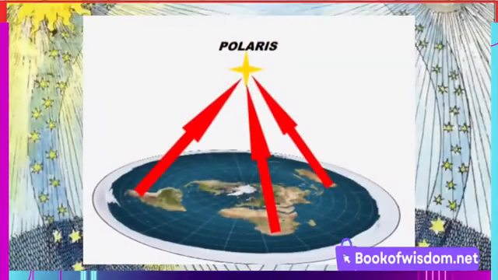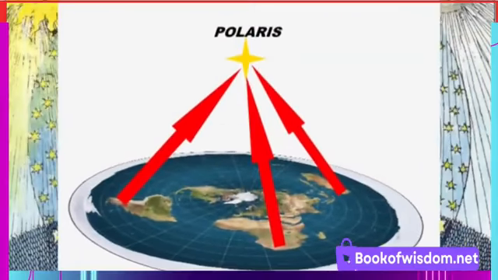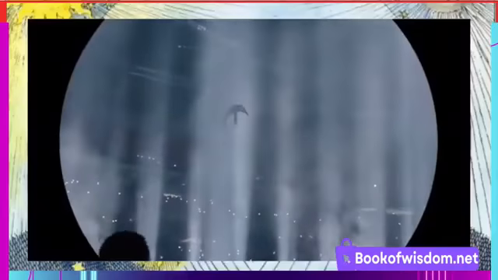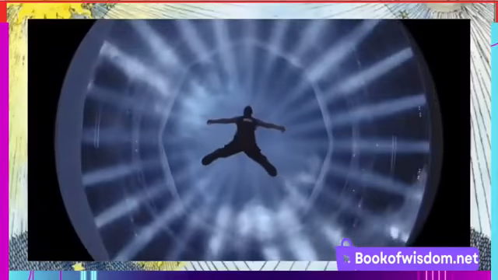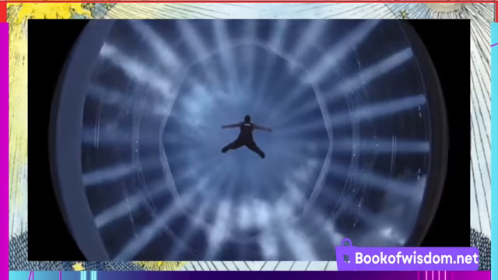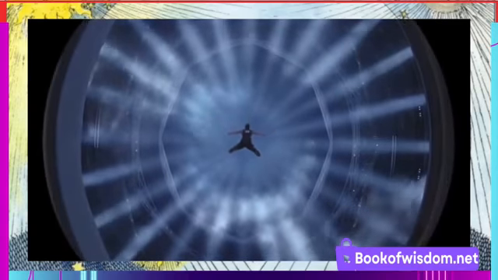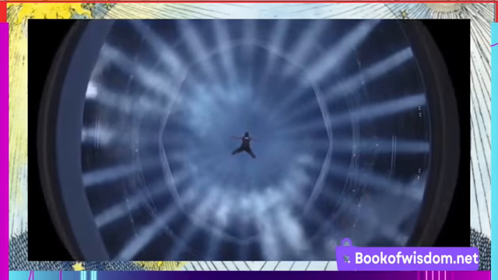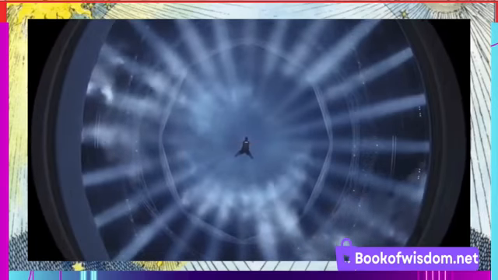Going back to Polaris and its connection to ascension, Kanye West symbolizes this in his music video 24. As you see him rise up into the sky, you see an 8-pointed shape around him, which symbolizes the 8-pointed star, as you see the beam of light.